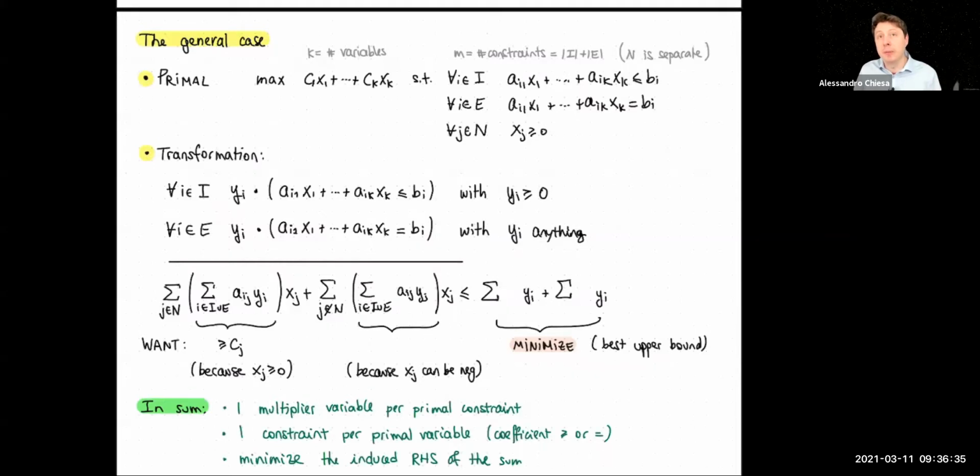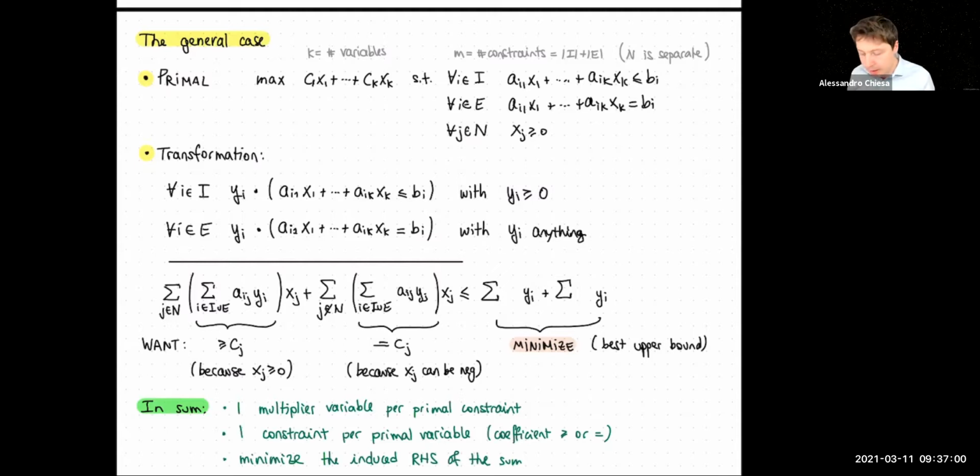It might hurt me. So here, I really have to specifically write equal to Cj. I cannot afford the relaxation from equal to at least Cj, because I don't know whether xj will be positive or negative. So I really have to be on the nose on the coefficient Cj.